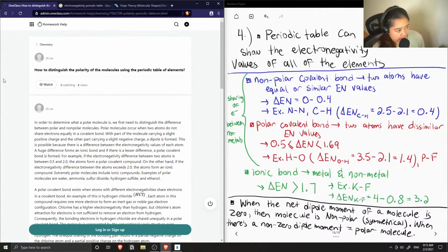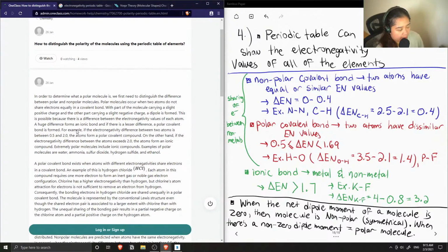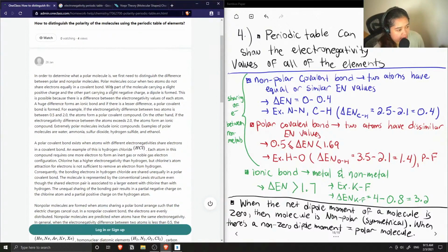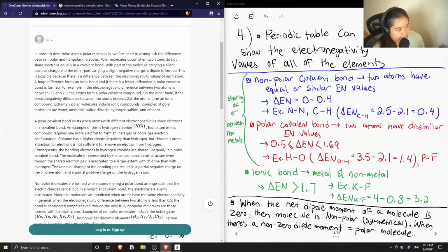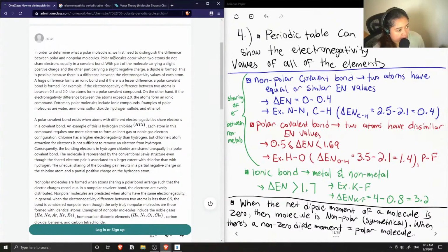Okay, so the junior tutor said that in order to determine what a polar molecule is, we first need to distinguish the difference between polar and nonpolar molecules. Polar molecules occur when two atoms do not share electrons equally in a covalent bond.